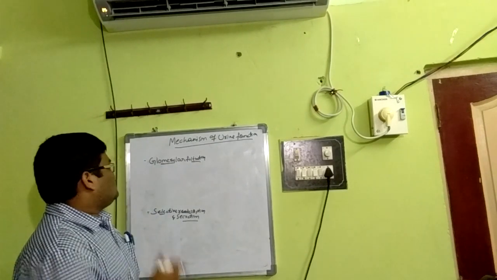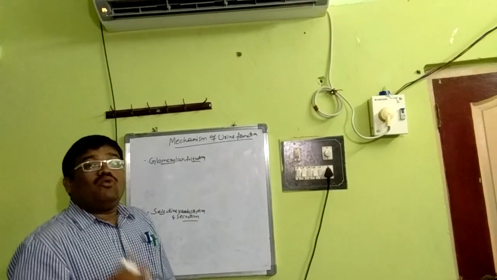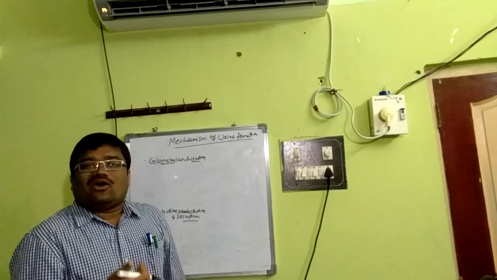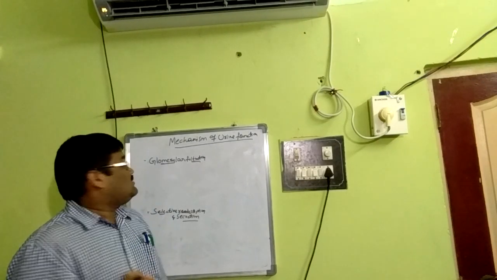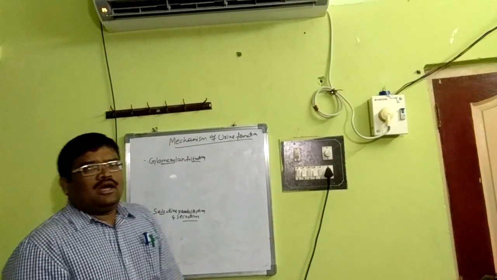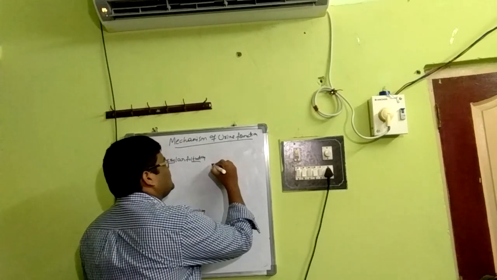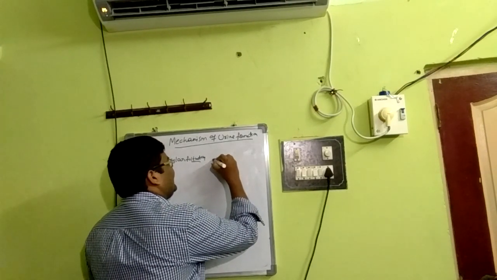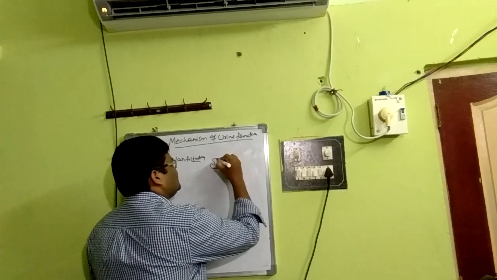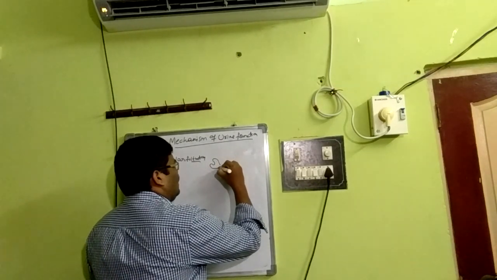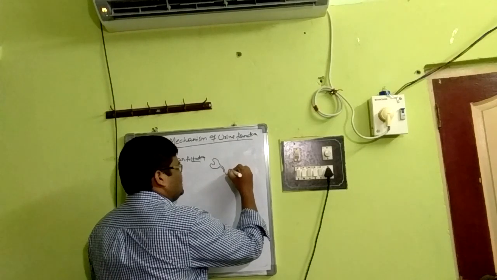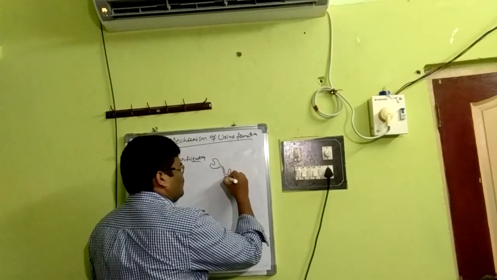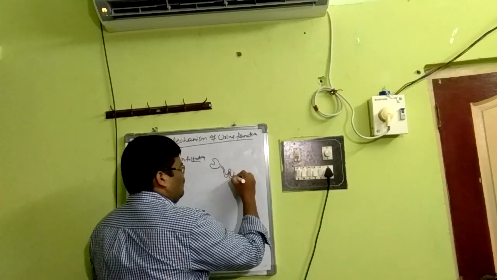The first thing is how to excrete concentrated urine, which is most important. And the first phase of the mechanism is glomerular filtration. This is the Bowman's capsule. This is PCT, that means proximal convoluted tubule.